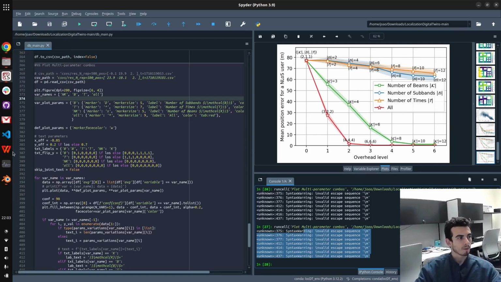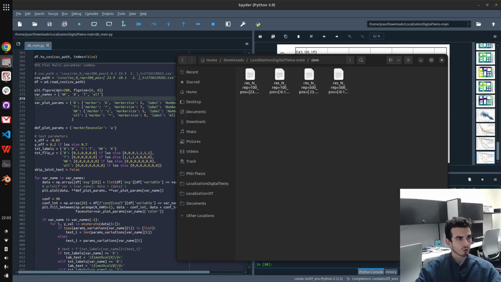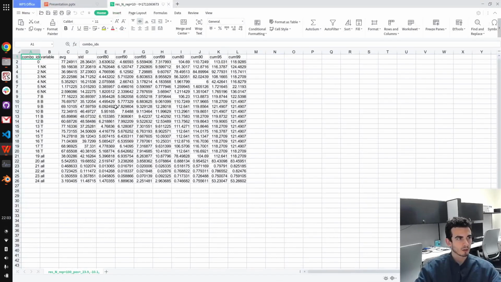I was going to show you that if you open one of these CSVs, which I have opened here, you can see here the confidence level. This is the position error, the maximum position error of a certain confidence.